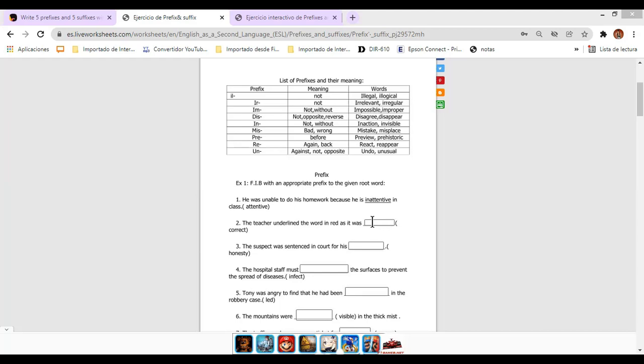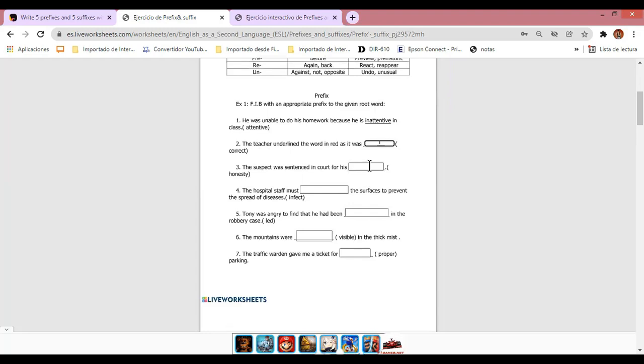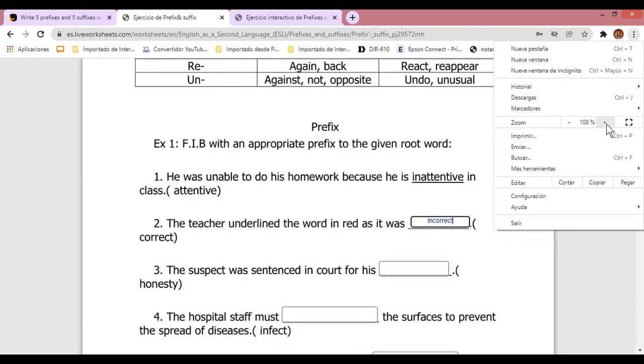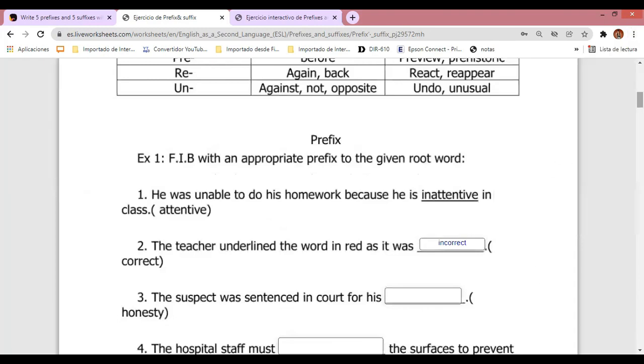For example, here: the teacher underlined the word in red as it was incorrect. Did you get it? Let me make it bigger.